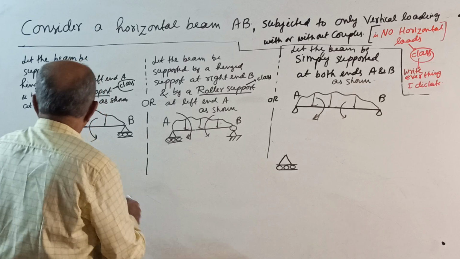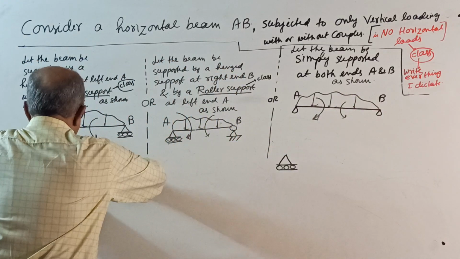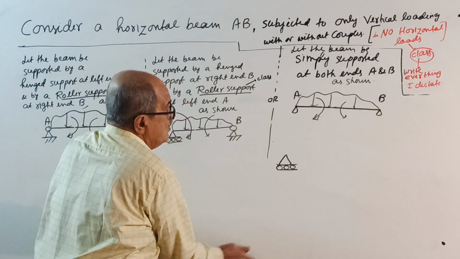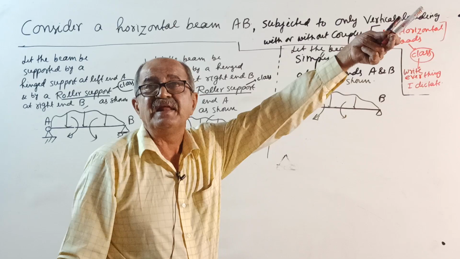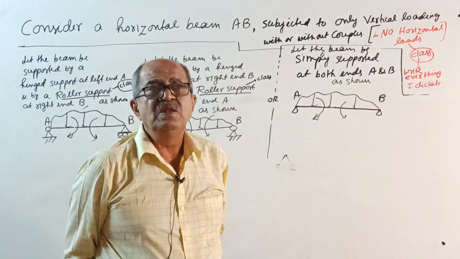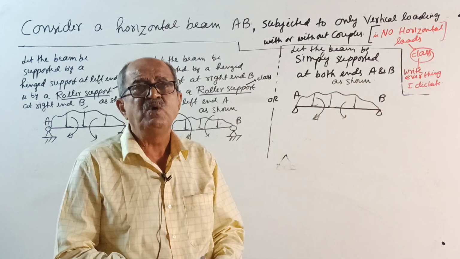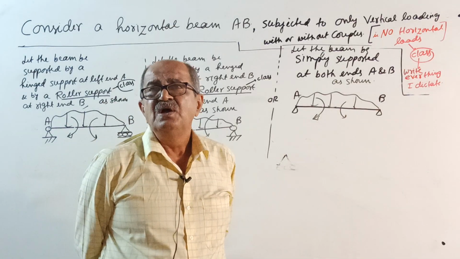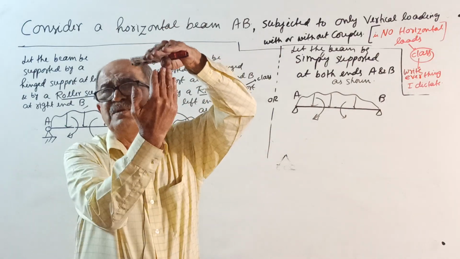After writing all these, you put one line there. Some space you have to leave, and then somewhere outside, we already know a hinged support has vertical reaction and horizontal reaction. A roller support has reaction perpendicular to the plane of the roller.